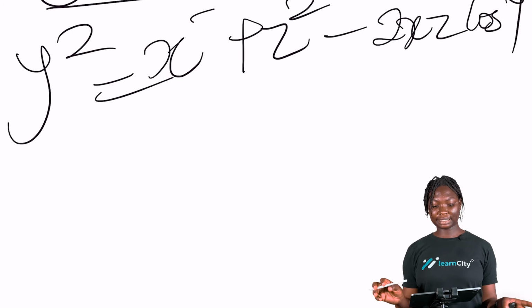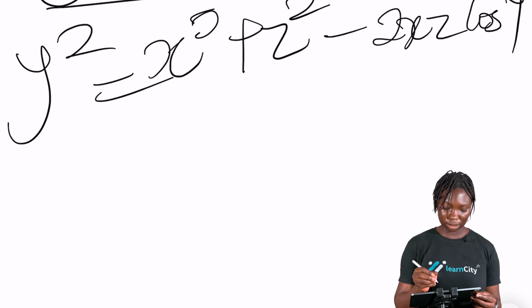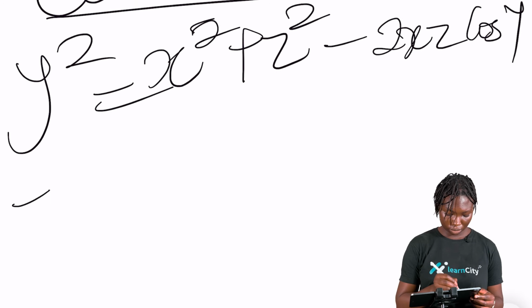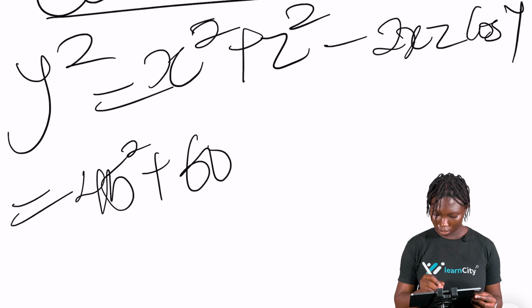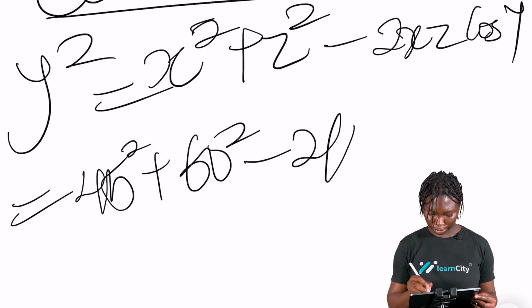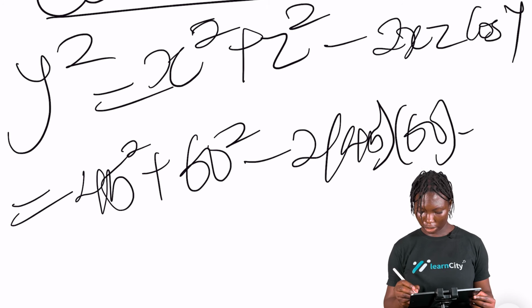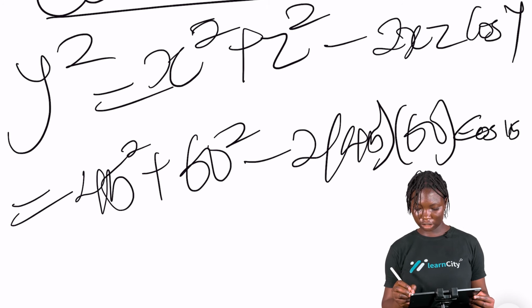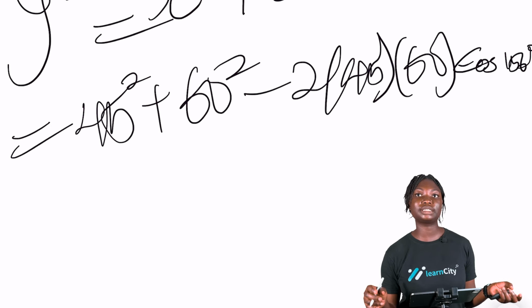So that is 45 squared plus 60 squared minus 2 into 45 into 60 times cos 156 degrees, where cos 156 is minus cos of 180 minus 156 degrees.